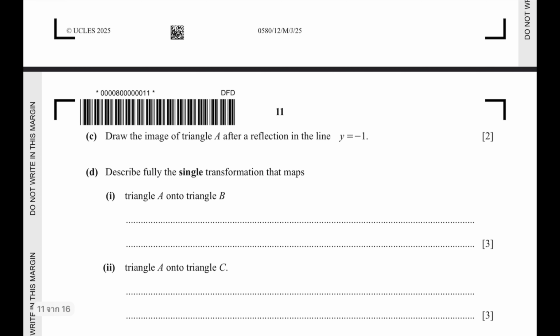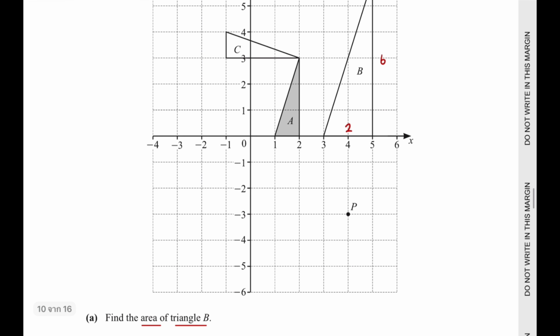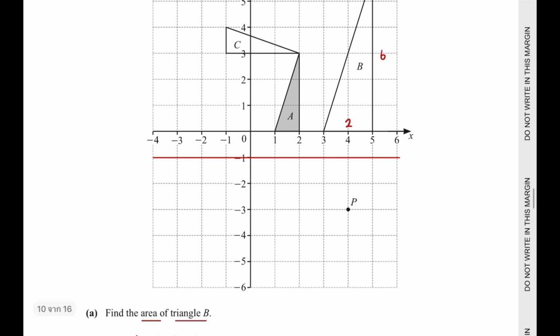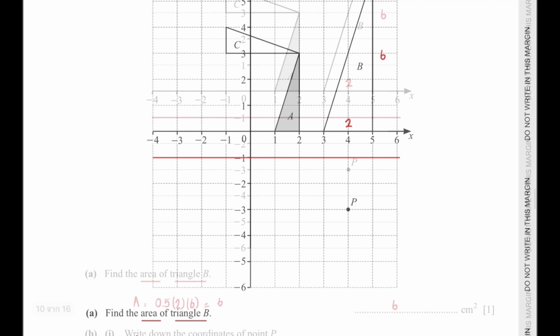Question C. Draw the image of triangle A after a reflection in the line y equal to negative 1. So y equal to negative 1 is this line. Okay, so it will be 1 and negative 2.